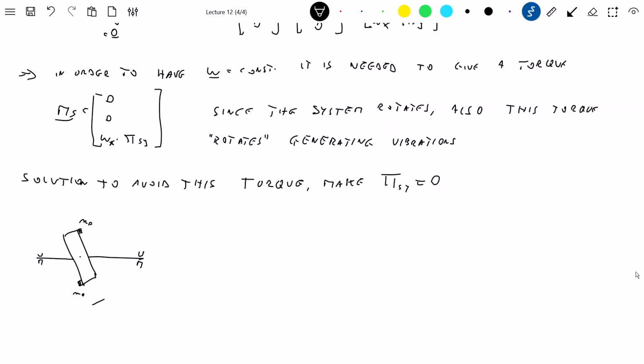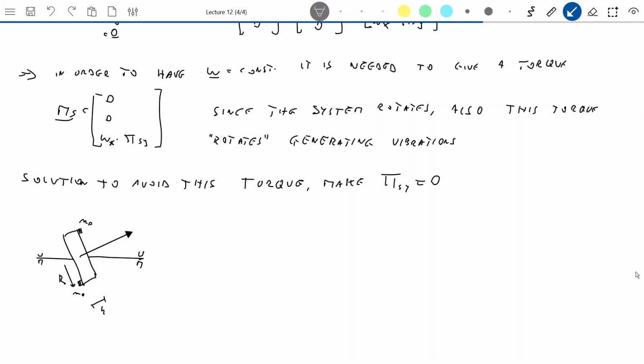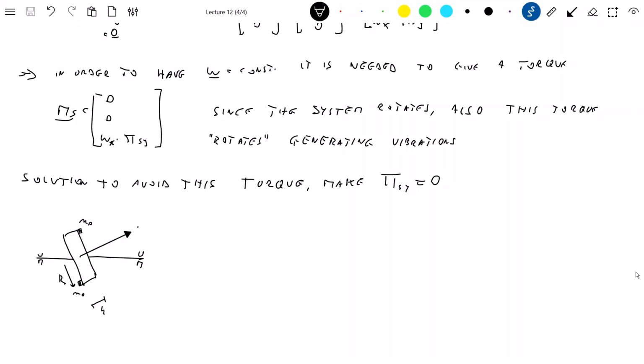Let's call this h, and here the radius of the disk, let's call it capital R. Now let's consider our direction xi.